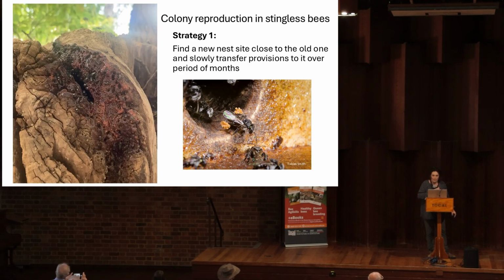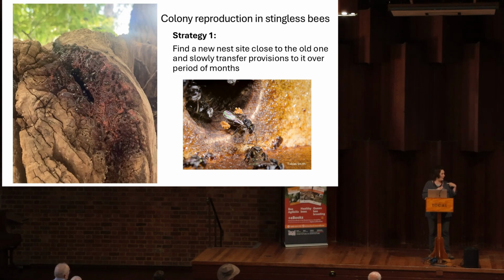What happens in stingless bees, including the Australian stingless bees, is very different. Okay, they actually have two strategies for producing a new colony. And the first of those strategies is that they find a new nest site, okay, but it has to be quite close to where they're already nesting within the flight range of the foragers, because what they will then do is slowly transfer provisions to that new nest site over a period of months.